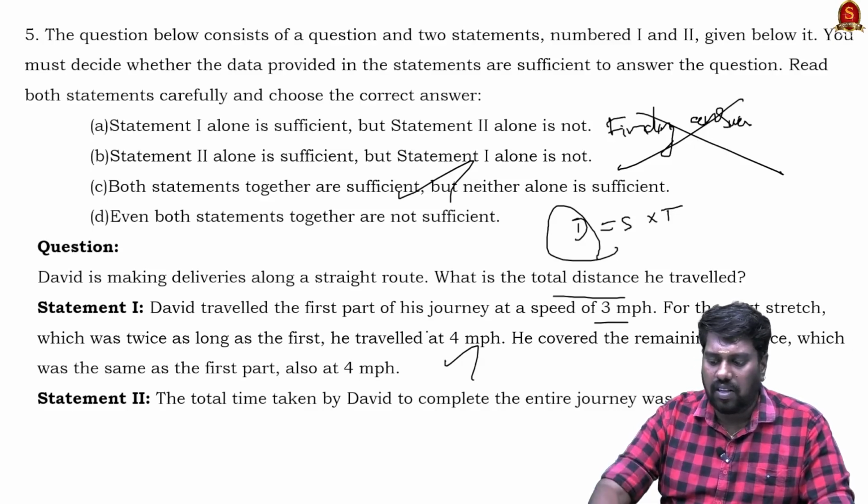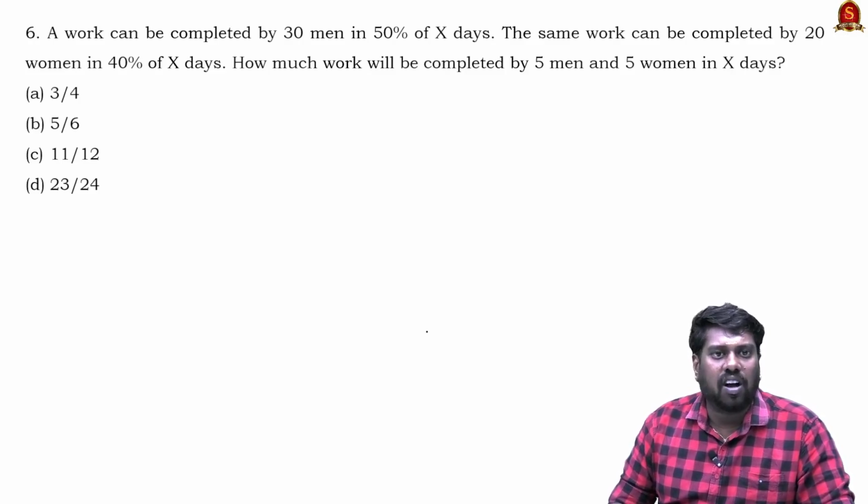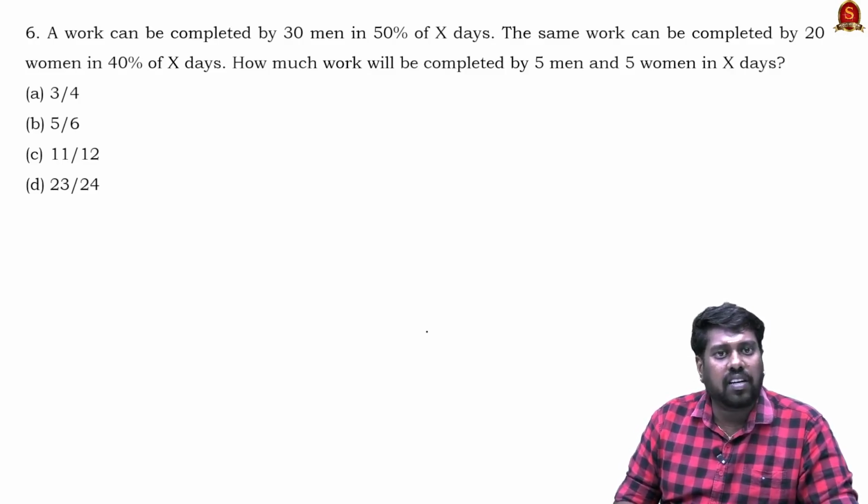Fine. The next question, now see here, is a combination of time and work and percentage. If you see this question, it requires only 4 steps to answer. You just have to understand this statement: a work can be completed by 30 men in 50% of x days.